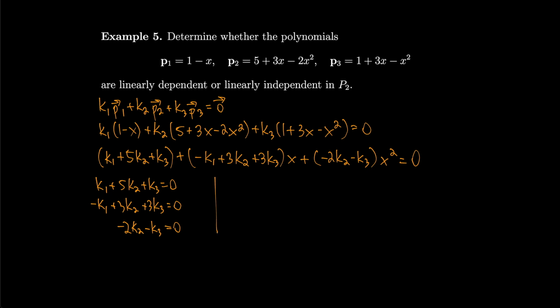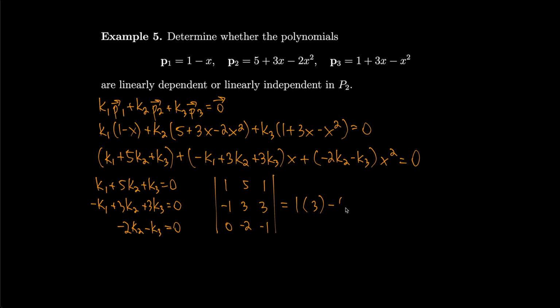I'll take the determinant of the coefficient matrix, and that'll be 1, 5, 1, minus 1, 3, 3, 0, minus 2, minus 1. I'll take 1 times this determinant, so that's 1 times 3, minus, well, it's easier if I expand along this row, actually, because then I have a 0 over here.